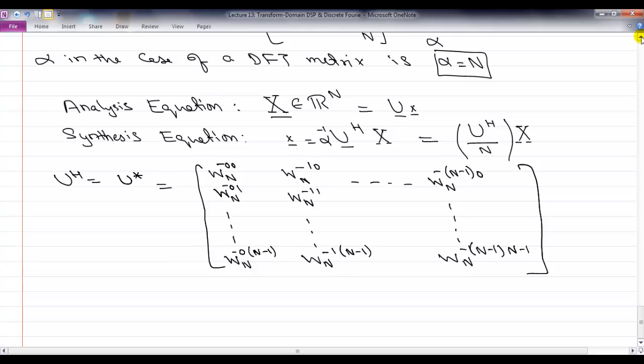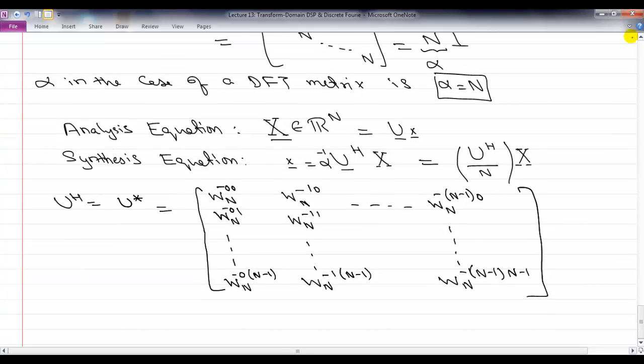Now, some people work with a DFT matrix which is orthonormal rather than orthogonal. So how do you make a transform from orthogonal to orthonormal?